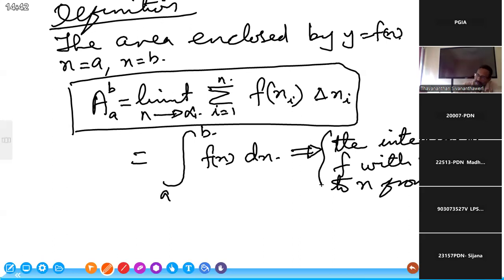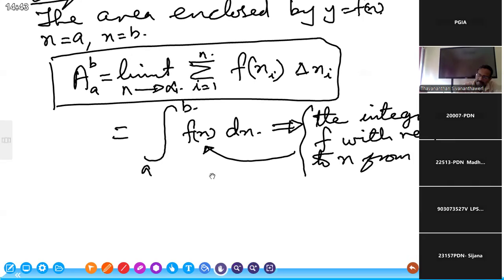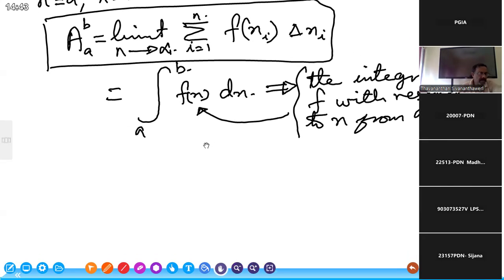So this is how we can express in words what we have written there. It is the integration of the given function with respect to x from the range a to b. This sign is called the integral sign.